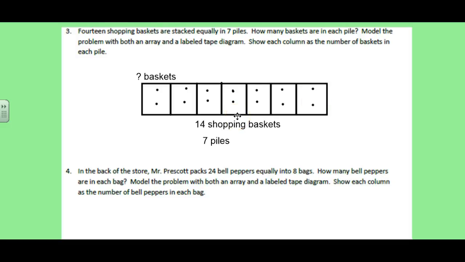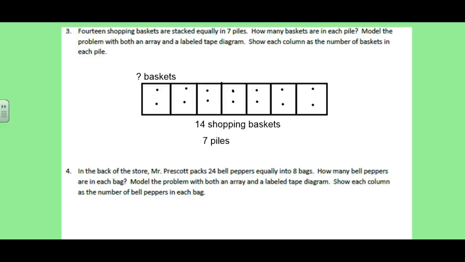Okay, so if you put 1 dot in each section of your tape diagram until you counted to 14, you should have gotten that there were 2 in each section. So now we know the answer to the question of how many baskets does she put in each pile was 2 baskets. So out beside our tape diagram, we're going to write our division equation that goes with this problem.